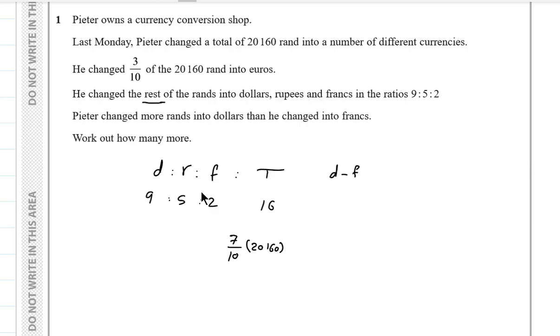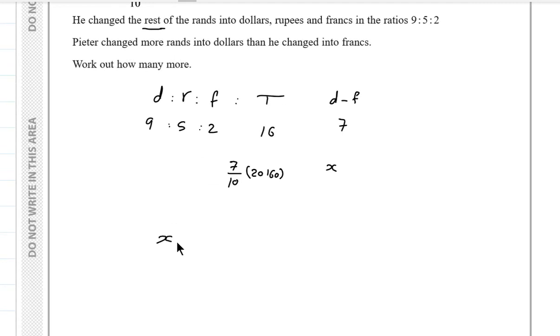Okay, D minus F will be 9 minus 2, which is 7. And the required now is to get the amount corresponding to 7, which is X. Okay, the actual amount of these parts. So we can get X easily by multiplying this quantity by 7 and dividing by 16.